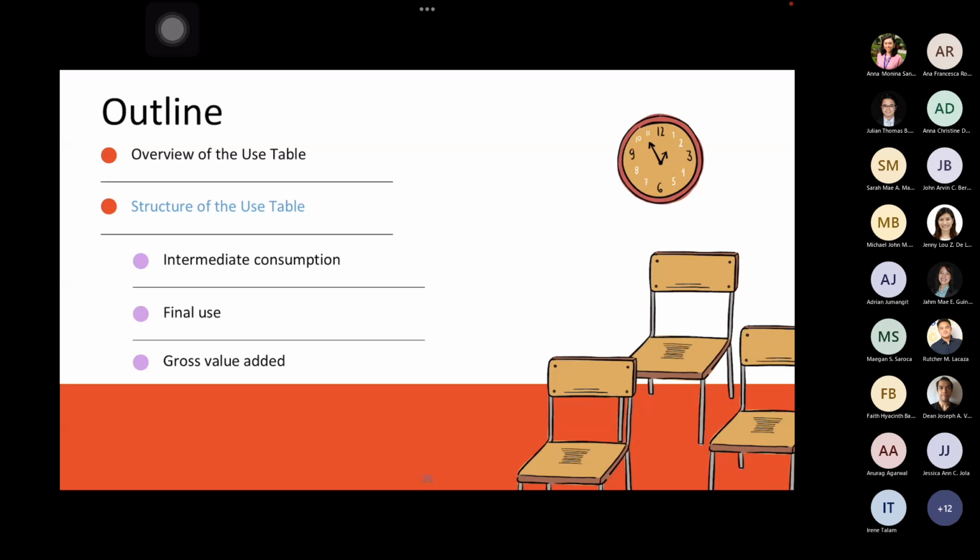Another component would be the final use, which provides information on the goods and services that are for final use by different activities or institutions. And then lastly, we have gross value added, which provides information such as primary inputs in the form of labor and capital that go into the production.